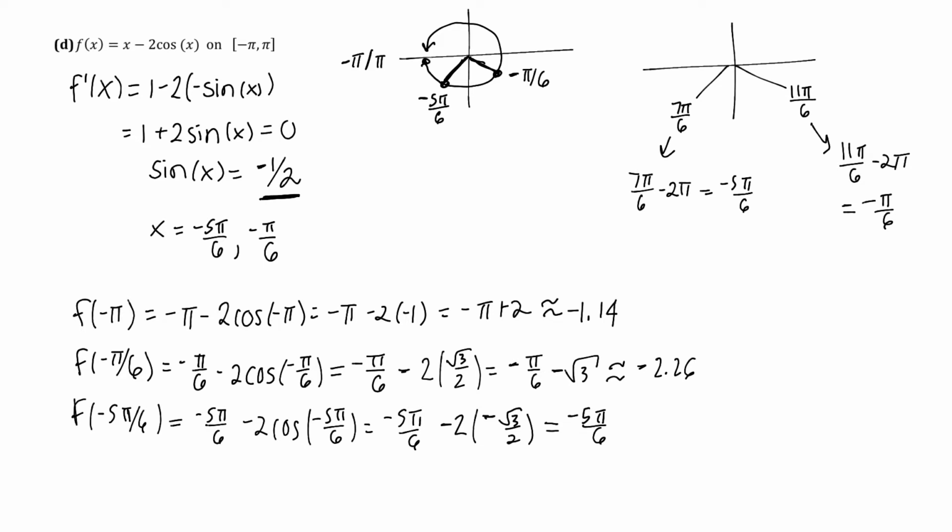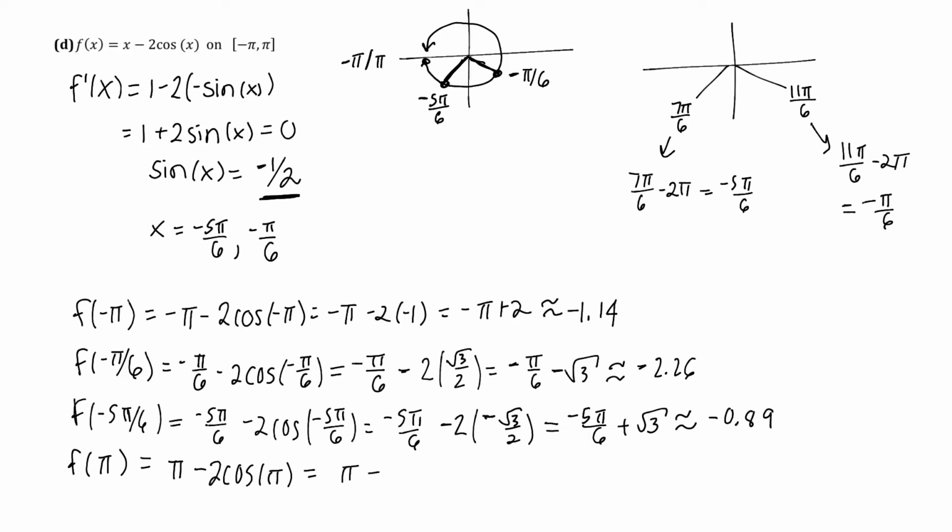So this is going to end up being plus root 3. Let me grab that number real quick because I don't have that number offhand. Approximately negative 0.89. And then finally, almost there, the last endpoint, pi minus 2 cosine pi.